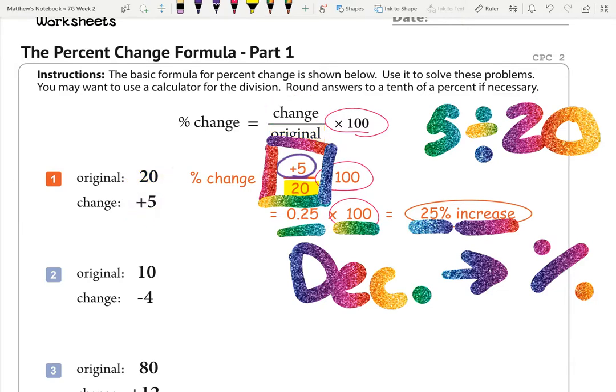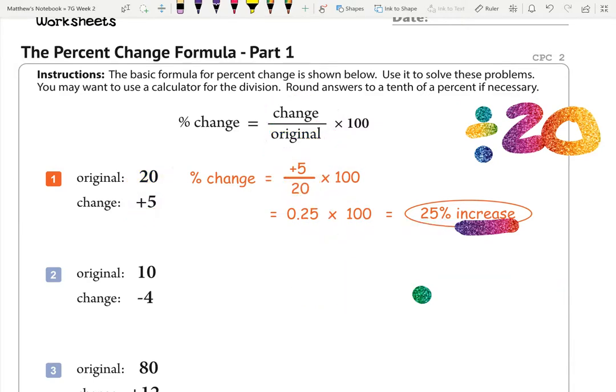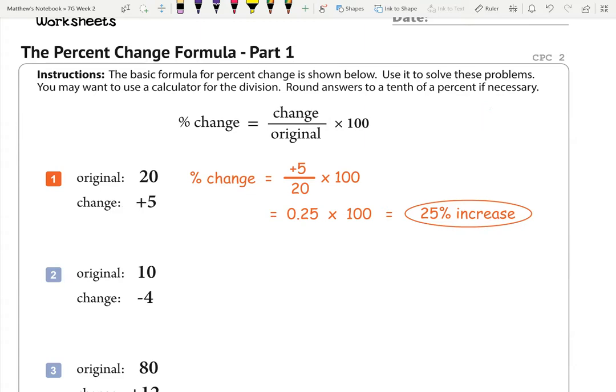So let's go ahead and do the second problem here. It says the original is $10. So remember, where does my original go? It goes on the bottom here. So I'm going to highlight that in yellow, and I know it needs to go on the bottom of my fraction here. Then my change is minus 4, and I'm going to again circle that in purple just like I did earlier.